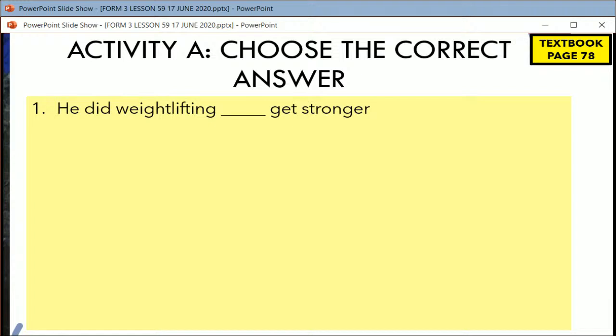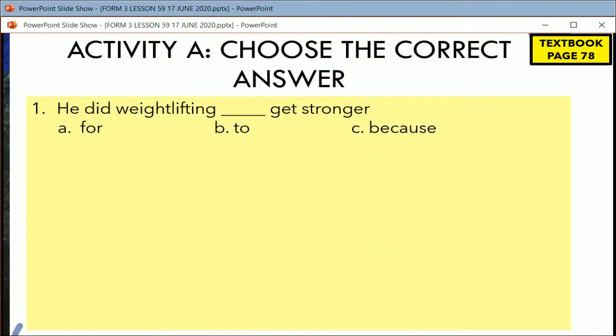He did weightlifting get stronger. You have given the answer as 2. Yes, 2.